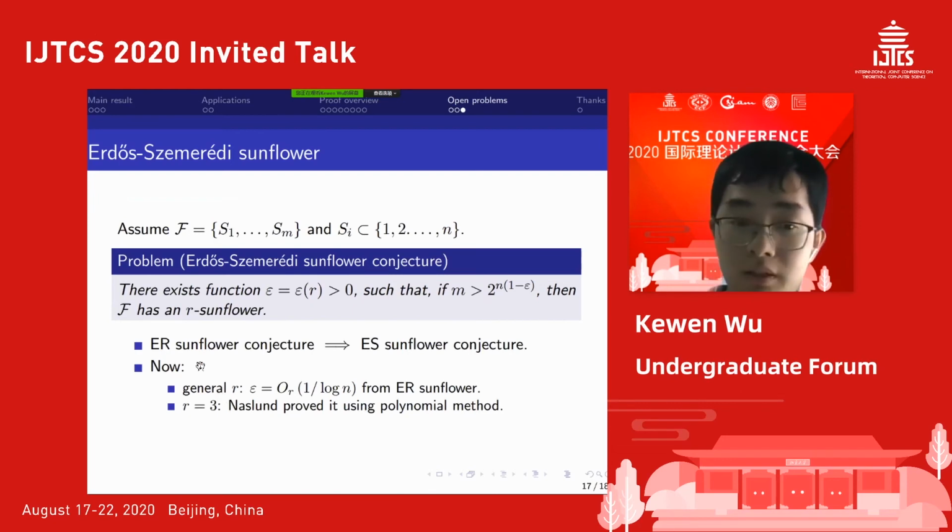And in particular, let me mention that the Erdős-Rado sunflower conjecture actually implies the Erdős-Szemerédi sunflower conjecture. And by plugging in our improved sunflower bound for Erdős-Rado sunflower, we will improve the bound for this kind of sunflower lemma. For general R, we prove that we can set this epsilon to be roughly some constant depending only on R times 1 over log n.